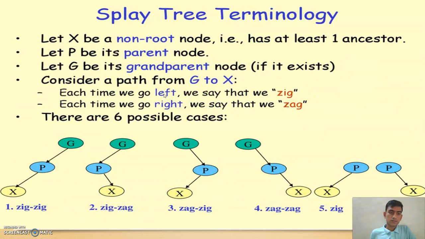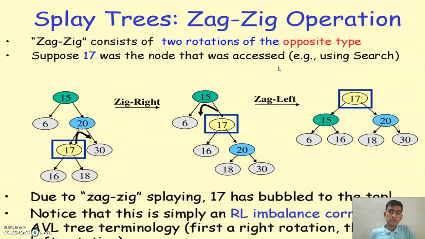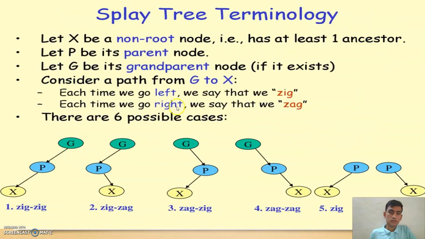So let's see some terminologies in splay trees. Let X be a non-root node, P be its parent node, and G be its grandparent node if it exists.